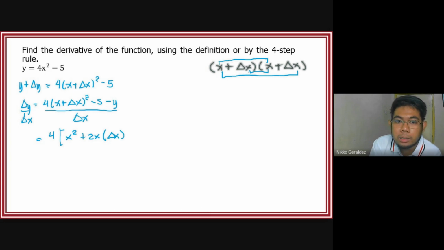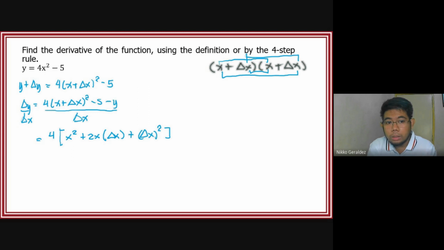Then last terms, delta x times delta x, delta x squared. Okay. What's next? Next is minus 5.